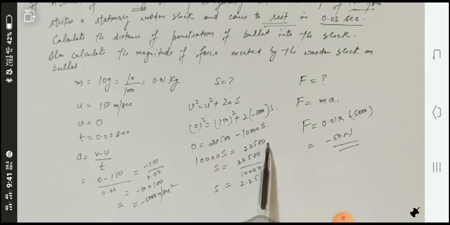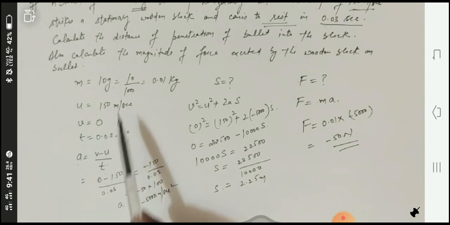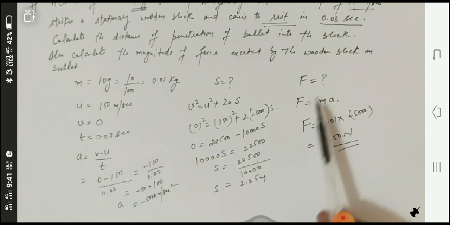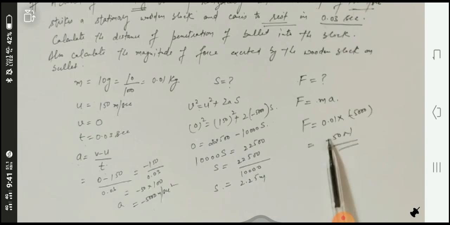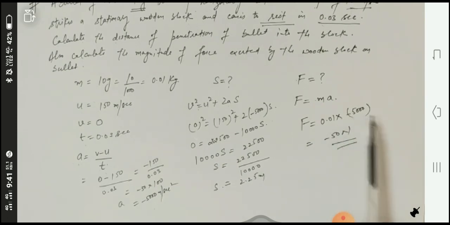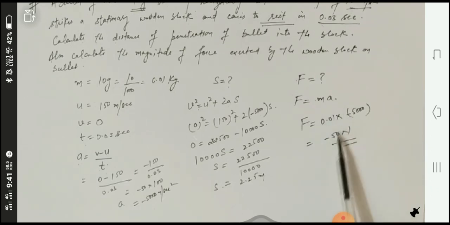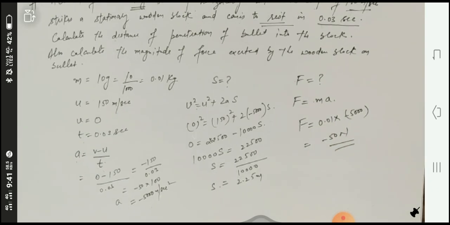So 22500 upon 10,000, it becomes 2.25 meters. We have the value of acceleration. The product of mass and acceleration becomes force. Mass is 0.01 into 5000, it becomes 50 Newton, means minus 50 Newton. Check your answers.